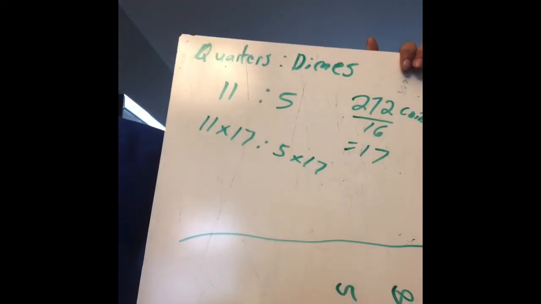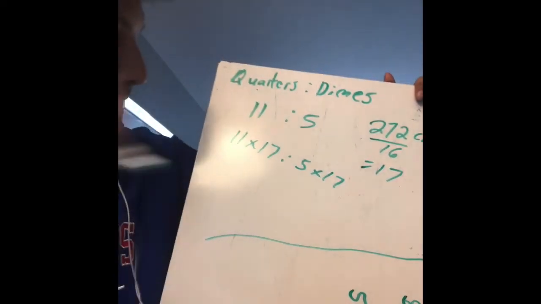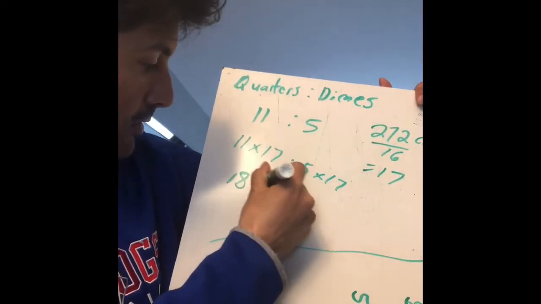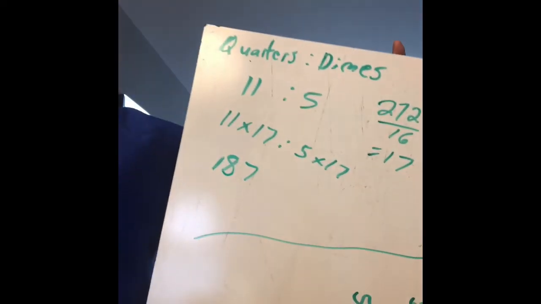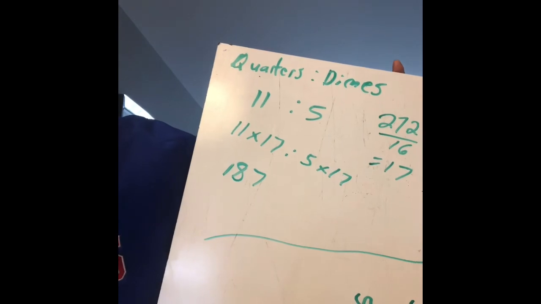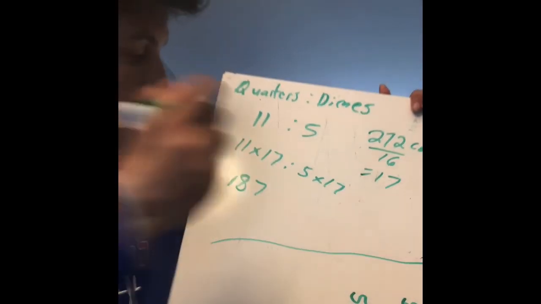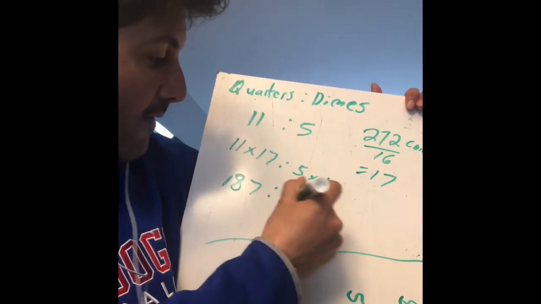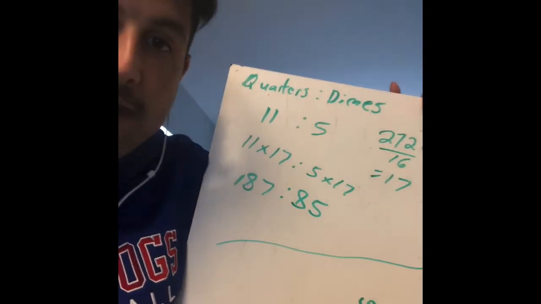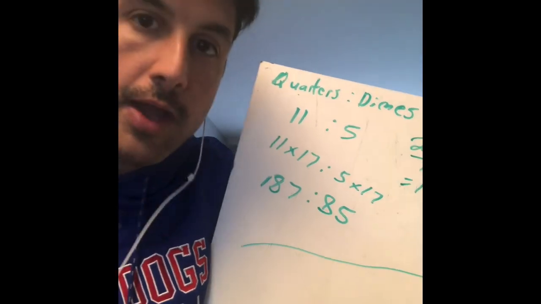So 17 times 11 is 187. And the second solution, so that's quarters and dimes, we have 85. Now, that is one way of solving this problem. I'm going to show you a second way as well.